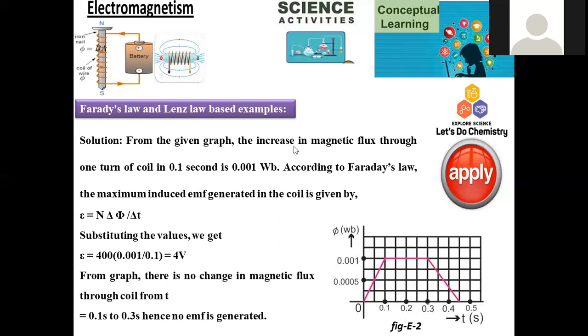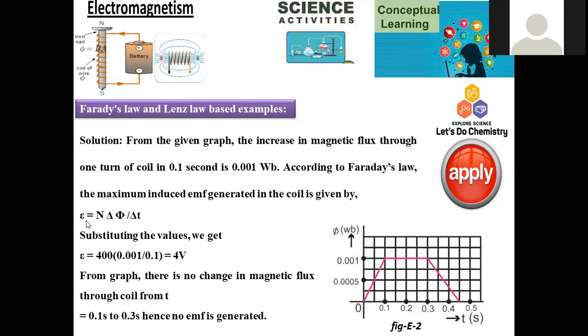So from the given graph, the change in the magnetic flux in one turn of the coil is 0.001 within 0.1 second. The values are measured in Webers.